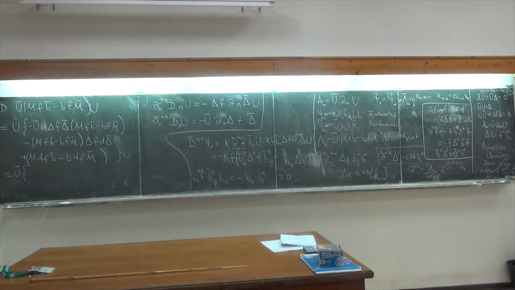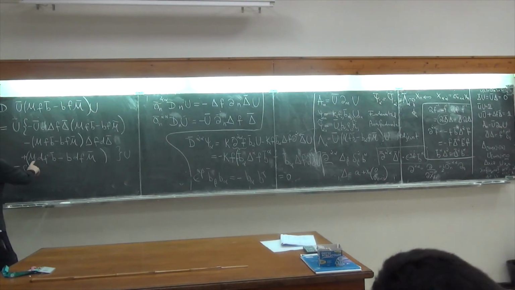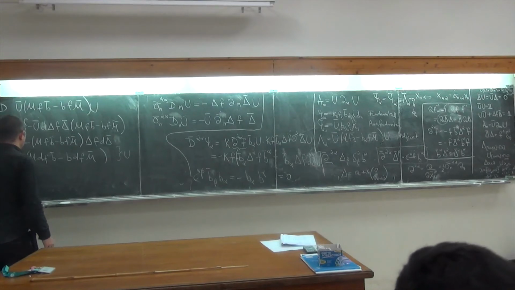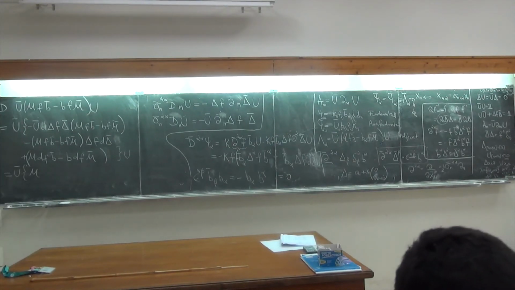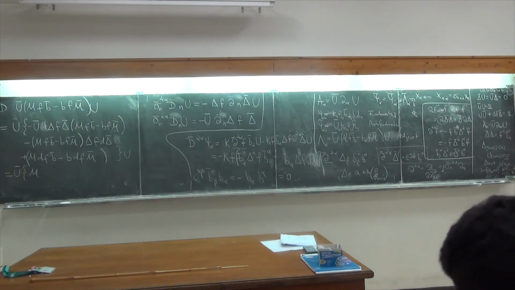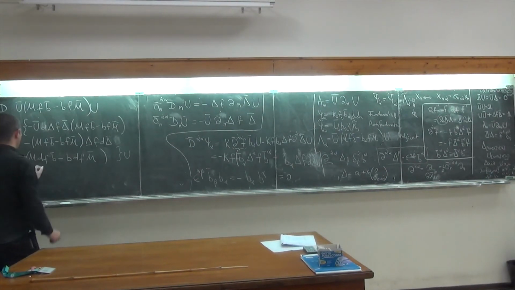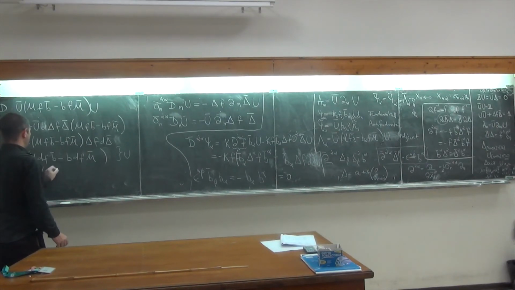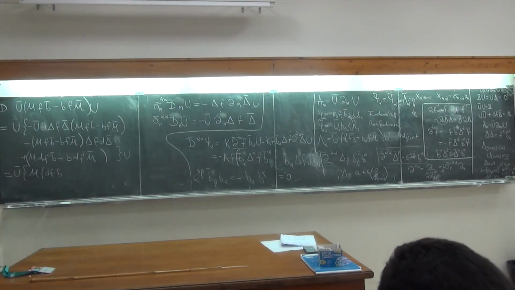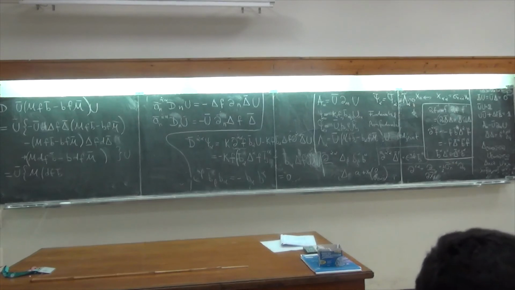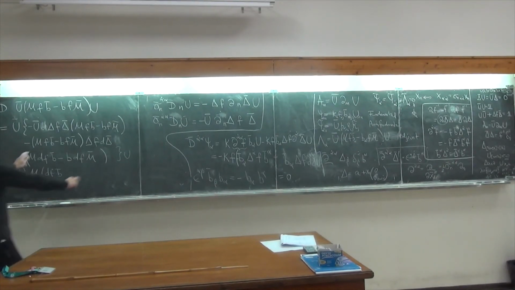Now let's collect the various terms. For example, the terms that contain m in the beginning. Here I have this term here, df p bar. And I have this term here.